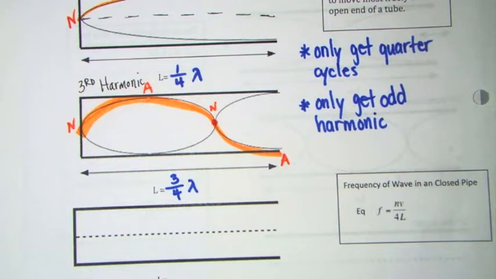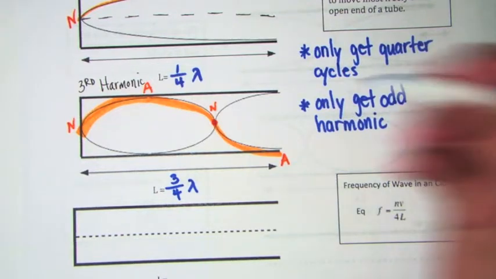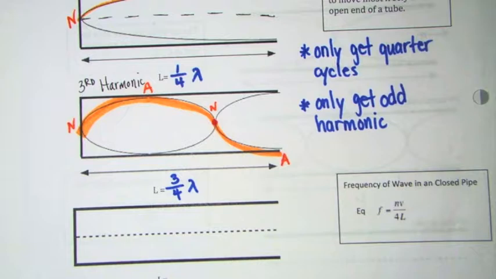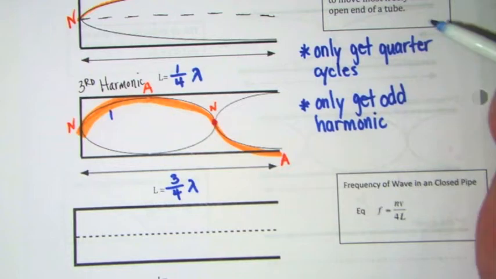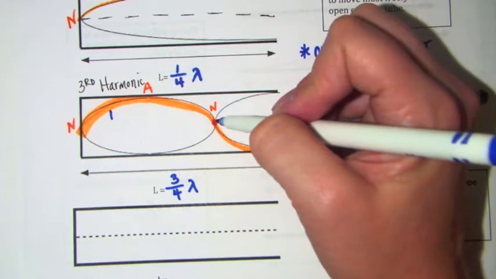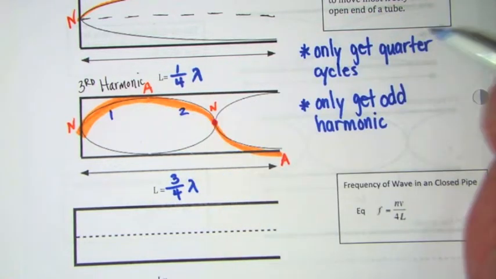The last thing I want you to remember, that's like a little bit of a trick, is how to know or how to recognize what harmonic you're in. The easiest way to determine the harmonic number is by looking at the number of quarter cycles. Okay? So if you go from node to antinode, that's 1 quarter cycle. Then you go antinode to node, that's 2 quarter cycles.